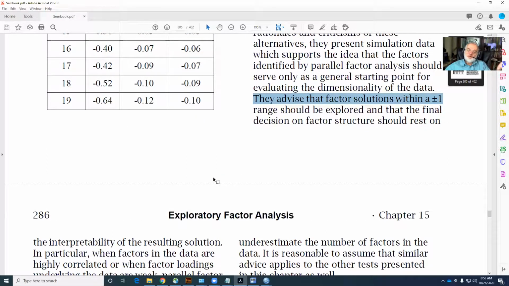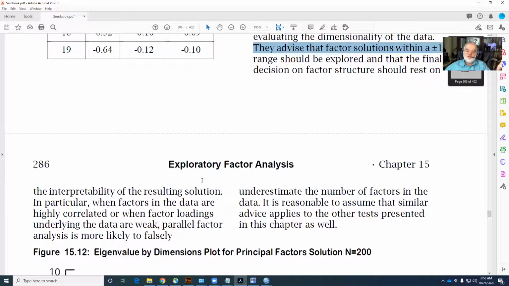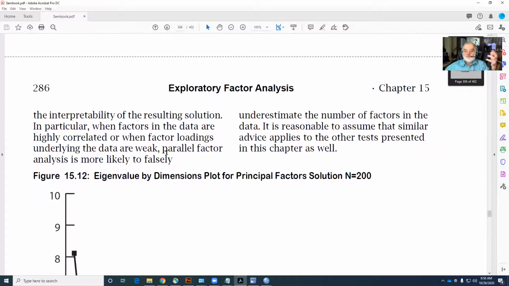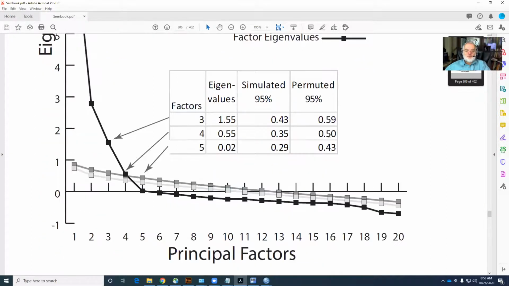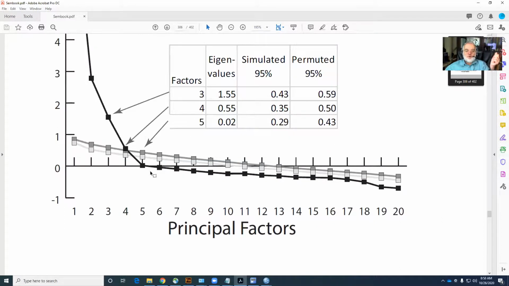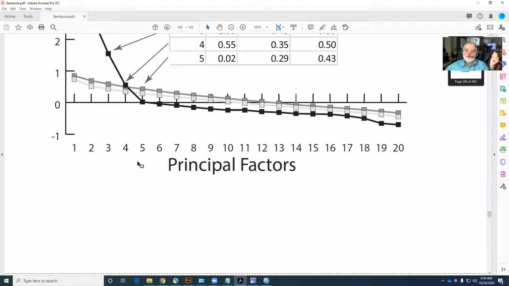That was really kind of a nice paper because they dealt with simulated data. And it seems to be nice guidance for researchers in the real world. So that's a reason why in our particular case, we might want to consider 3 factors, 4 factors, or 5 factors in the data.